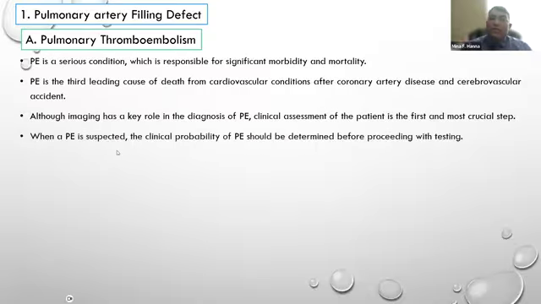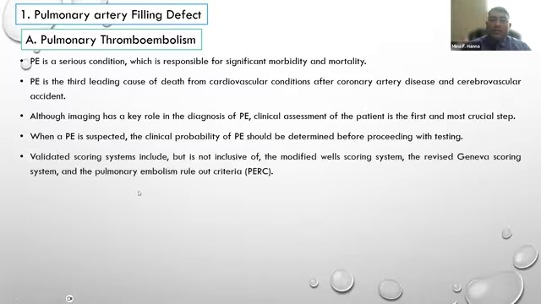When PE is suspected, clinical probability of PE should be determined before proceeding with testing. Validated scoring systems include, but are not limited to, modified Wells scoring, revised Geneva scoring system, and pulmonary embolism rule out criteria.